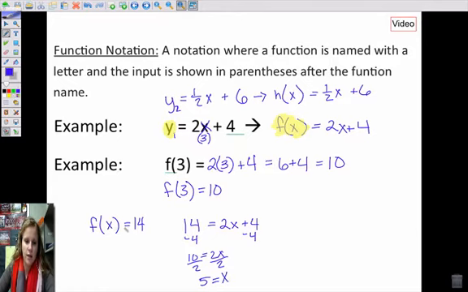So when f of x equals 14, x equals 5. That's about the only confusing part: instead of saying find x when y is 14, now we say when f of x is 14. So that's function notation when we're using equations.